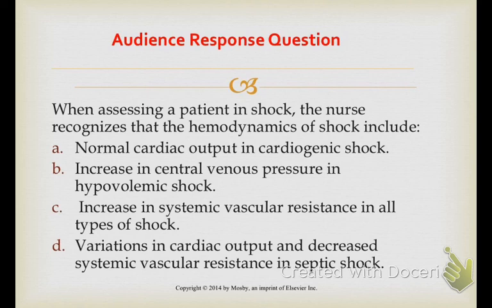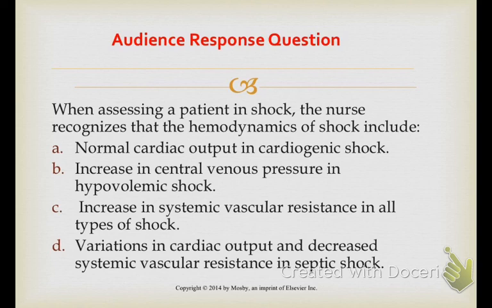Increase in systemic vascular resistance in all types of shock. Not all of them. Which ones is it increased? Cardiac and hypovolemic. Your neuro, your anaphylactic, that's when they kind of vasodilate, right? So is that resistance there?